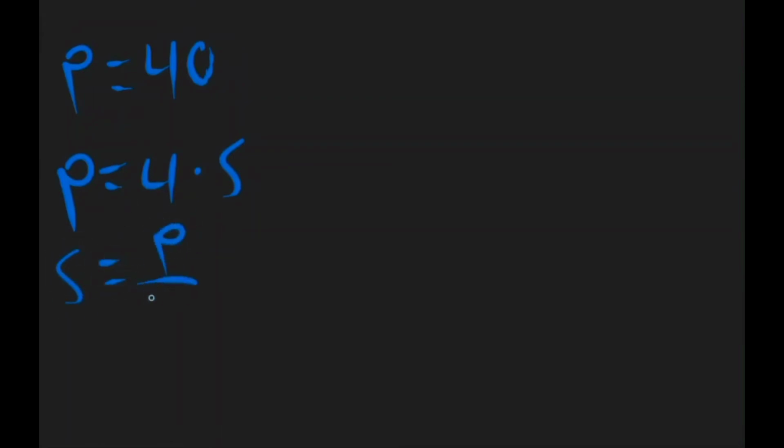Okay, we're going to do another problem here. So for this problem, perimeter equals 40. And again, we're going to solve for the area. So with the equation perimeter equals 4 times s, and we already know we have to solve for the side.